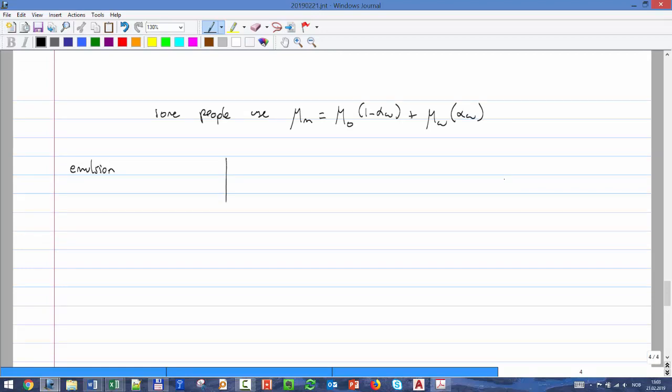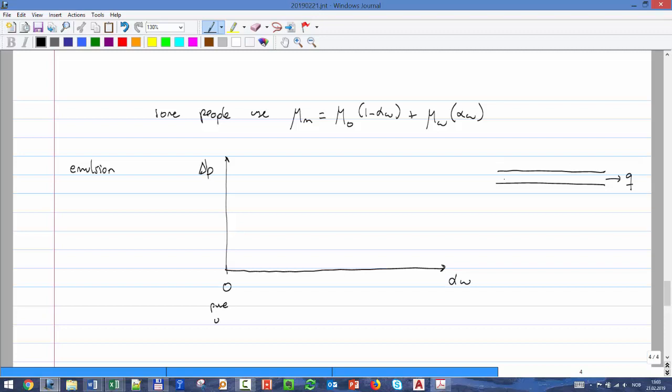We are going to use it also to introduce the concept of emulsion. So if you're recording the delta P, you have a horizontal pipe, okay, and you're circulating at a certain rate through the pipe, okay, with a certain velocity. So if you use pure oil, that will be alpha water 0.